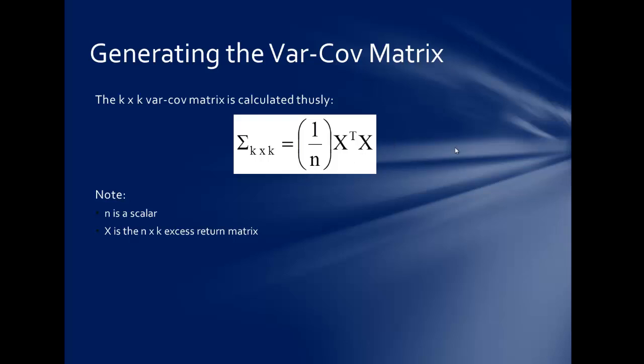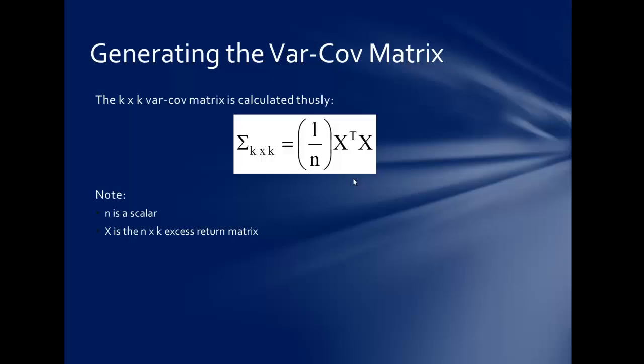So again, you just create a matrix of returns in excess of the average, take X transpose X and divide it by n, and that will result in a k by k matrix, because remember, X is n by k. So X transpose is k by n. So this is k by n multiplied by n by k, which results in a k by k matrix. So if you have 60 months and 10 assets, then you'll end up with a 10 by 10 matrix, which is your variance-covariance matrix. I will actually demonstrate this to you in the next module.